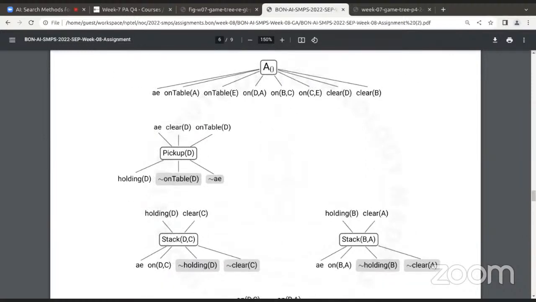Sure, but how to know that D, we should pick D first instead of B, because both will have same number of steps. Yes, it will have same number of steps. So in this case, how to know? See, in this case, we have given you the picture and we have made the choice for you. See, there is a lot of non-determinism in planning algorithms. Even the basic planning algorithm has non-determinism, meaning there are many choices, and we have to pick the choice that leads us to a plan.